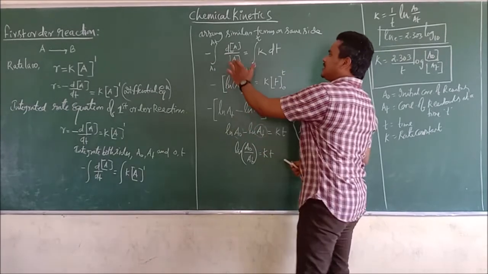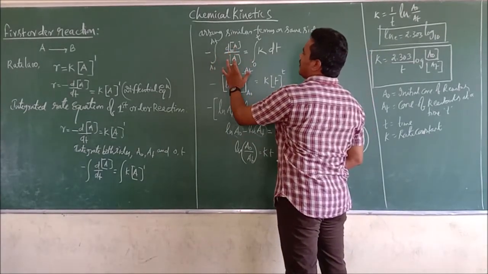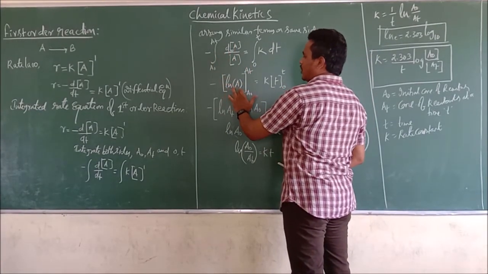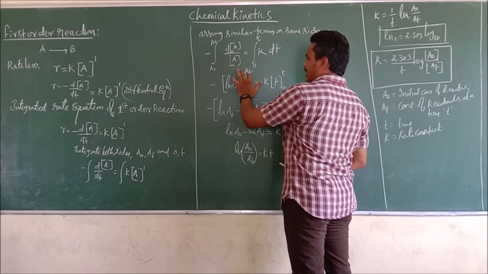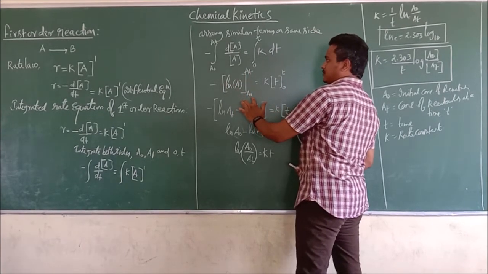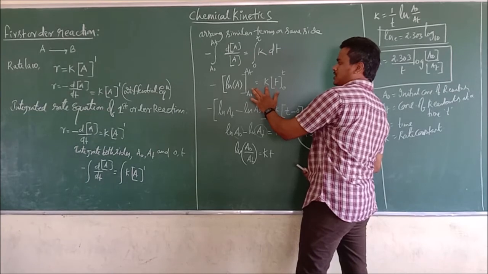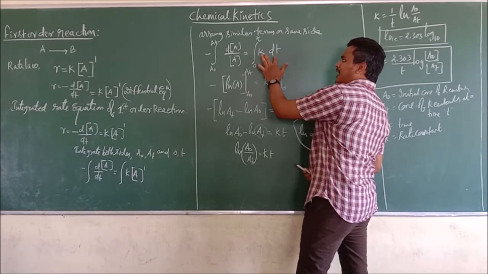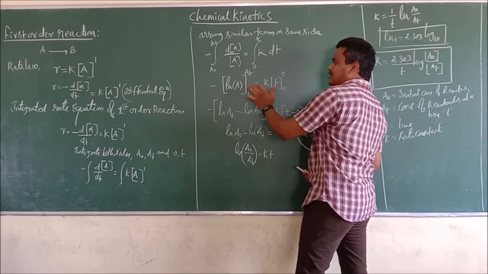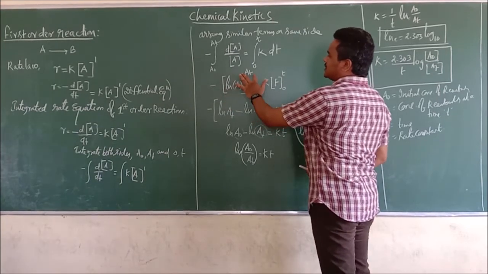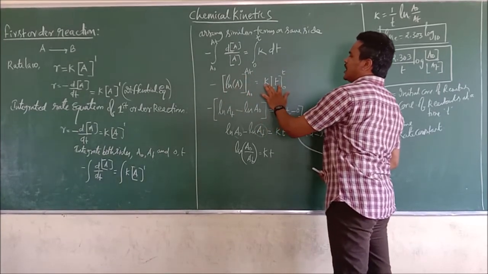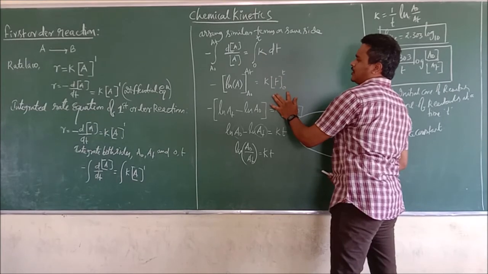After that, integration of dA by A is nothing but log A. What are the limits here? At and A0. Here k is a constant. For dt, after integration t is coming. This is log A over the limits At and A0, and this is time over the limits t and 0.